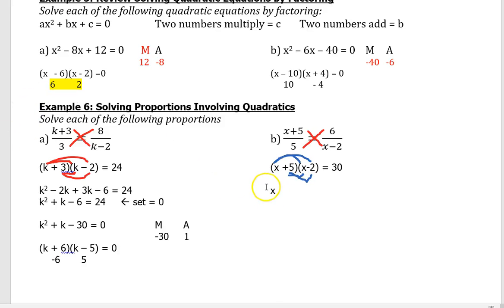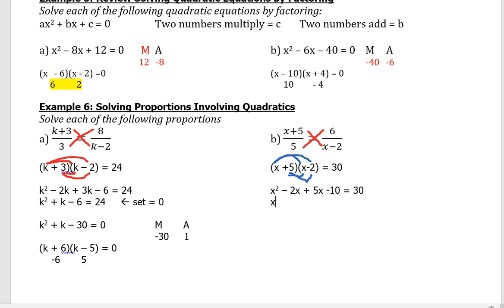So I'm going to get x times x is x squared, x times negative 2 is negative 2x, 5 times x is 5x, and 5 times negative 2 is negative 10. That was equal to 30.